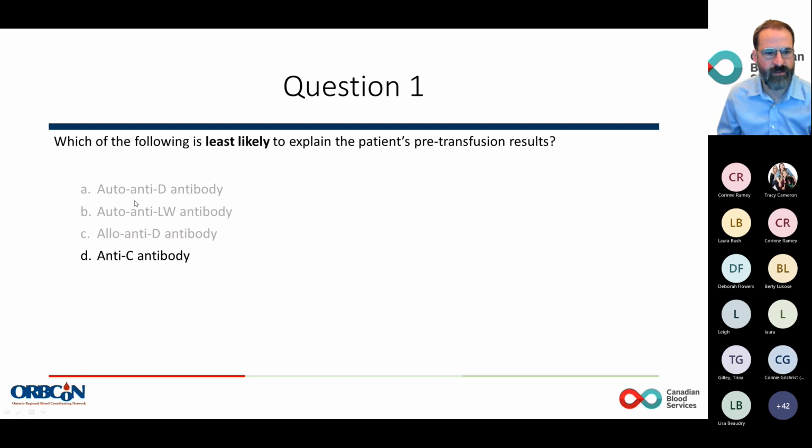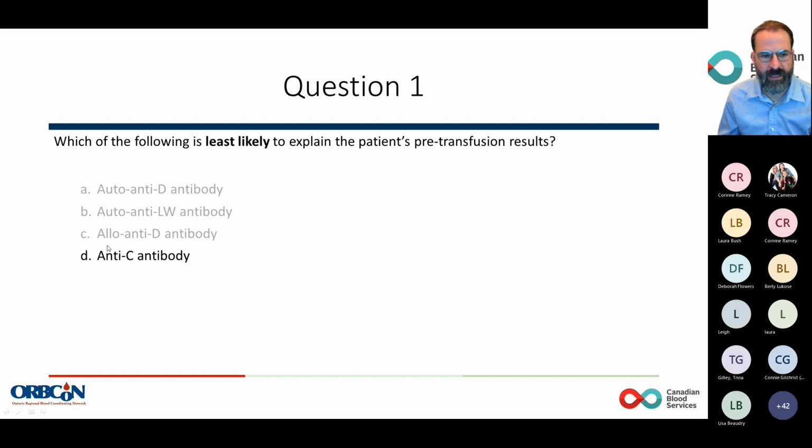LW as a system is very similar to RHD, and expression in adult cells at least is very closely related to your RHD expression. So RHD positive adult cells will have high LW expression, and RHD negative adult cells will have low LW expression. So you can kind of get mimicry of a D specificity with an anti-LW antibody.